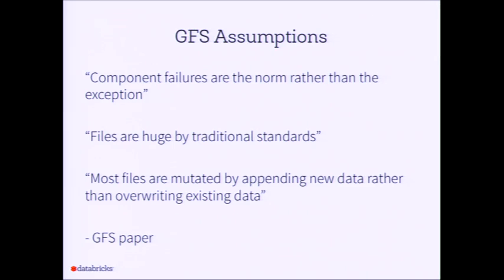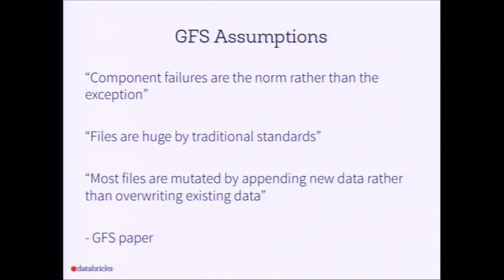But Google is storing the entire web, so they might be compacting a whole website onto a single file, or maybe multiple websites onto a single file. So the size of files is much larger than the typical files you store on a normal file system. And the third is that files are mostly immutable, which means when you update, instead of updating the files in place, you append data to them, and you don't overwrite existing data.